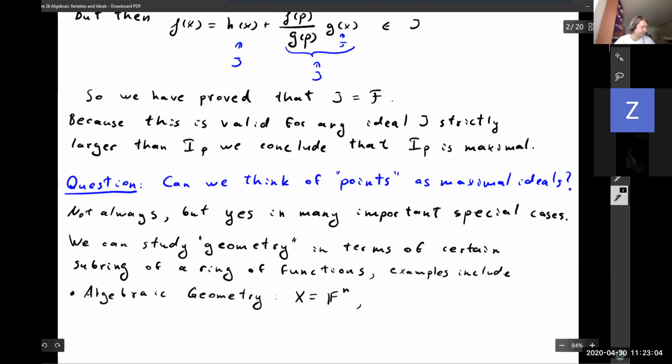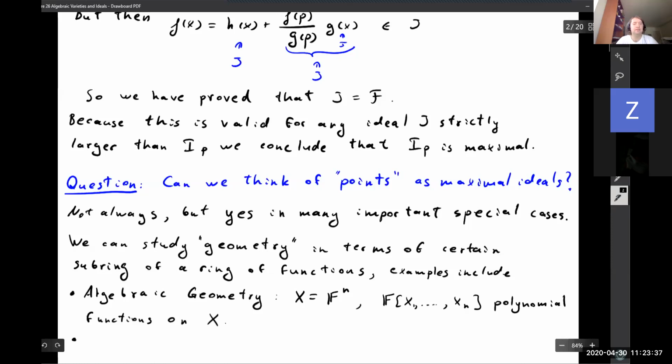And this ring of functions, instead of considering the full ring of functions, one considers the polynomial functions in n variables on X.